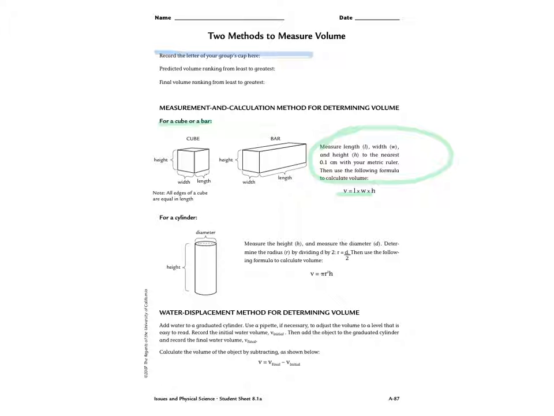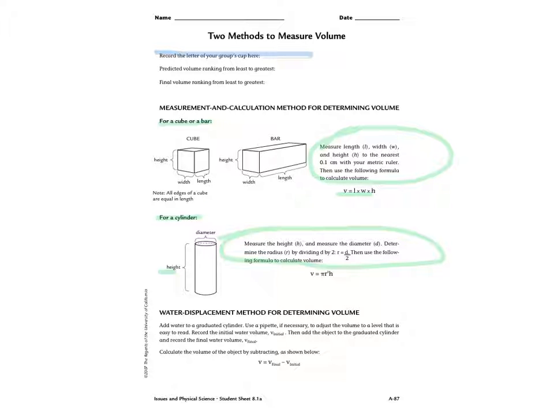Then it also shows you how to do it for a cylinder, which I find really cool. A cylinder could be a little bit more challenging. I really like this picture because it says measure the height, you can see the height over here of the cylinder, and measure the diameter. And the diameter is the widest part of the circle on a cylinder.